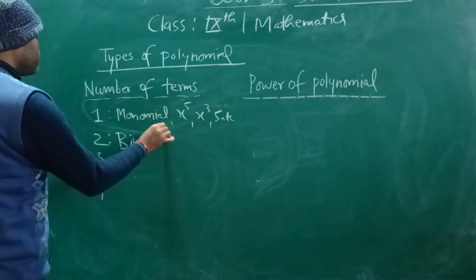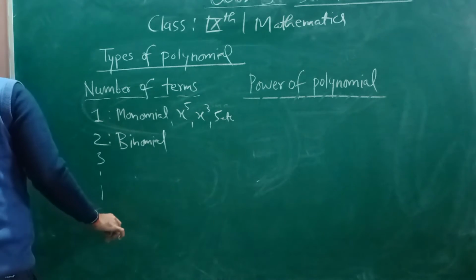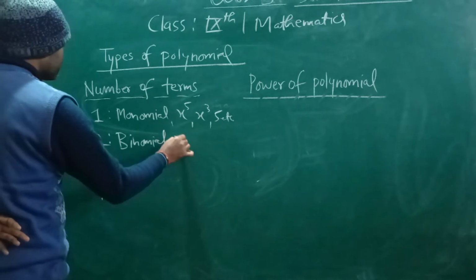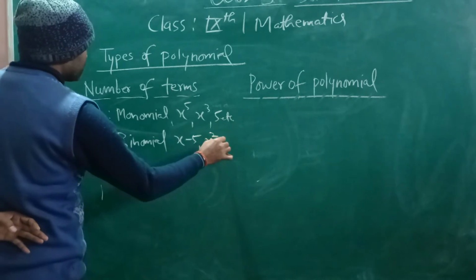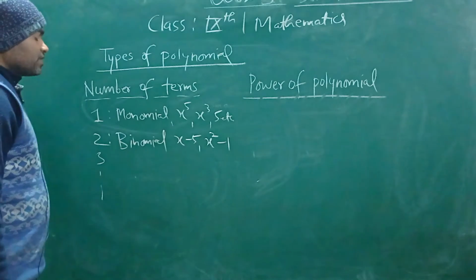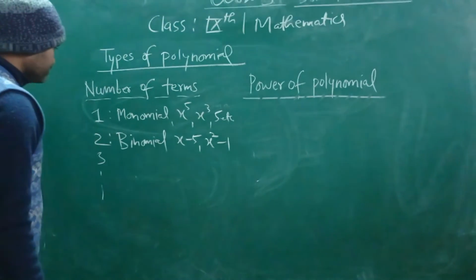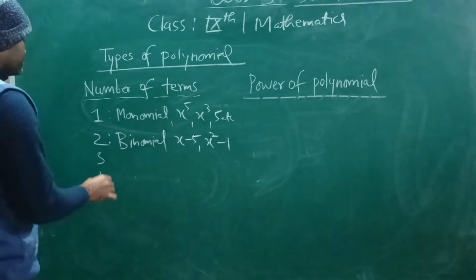Bi means two, nomial means term. Binomial contains exactly two terms. For example, x minus 5, x square plus 5, x square minus 1, etc. These are binomials because they contain only two terms.